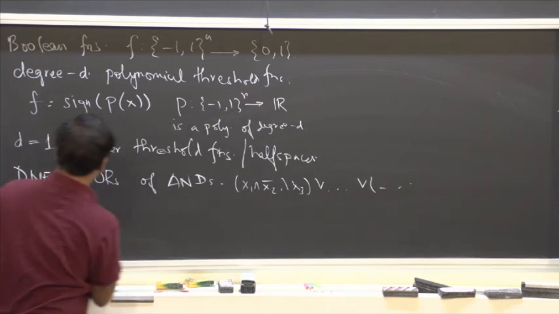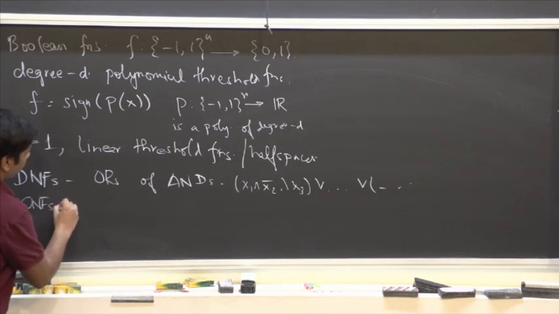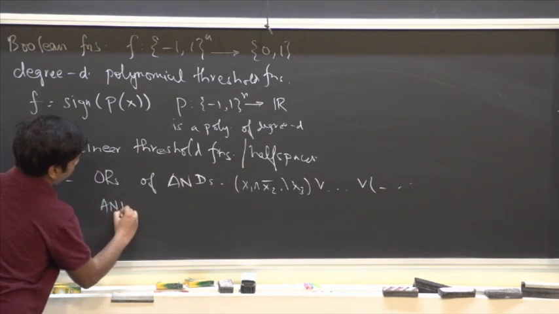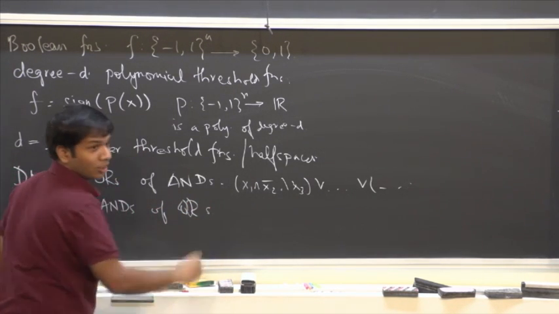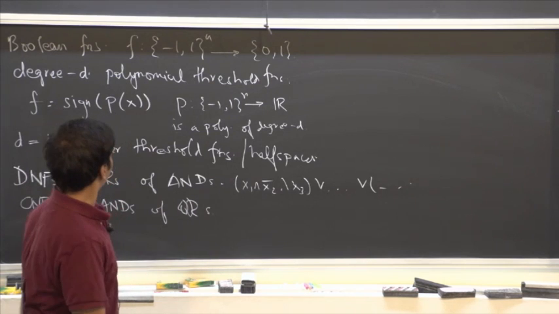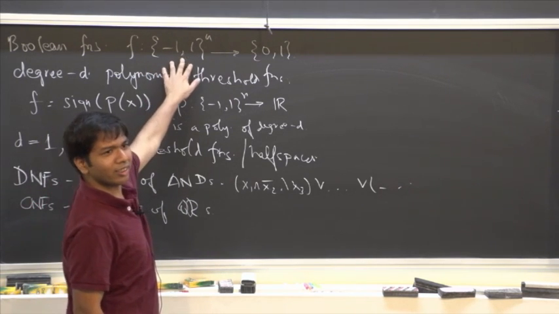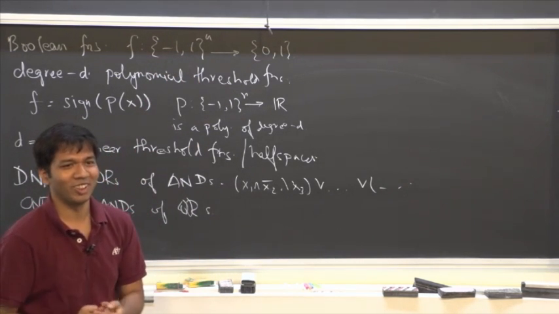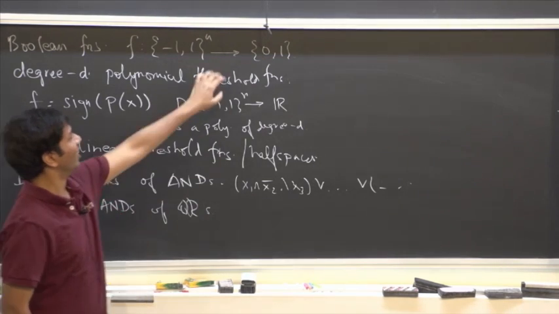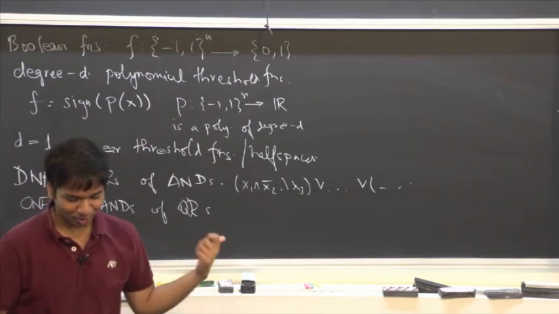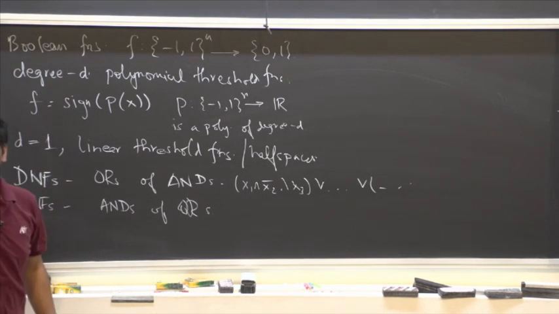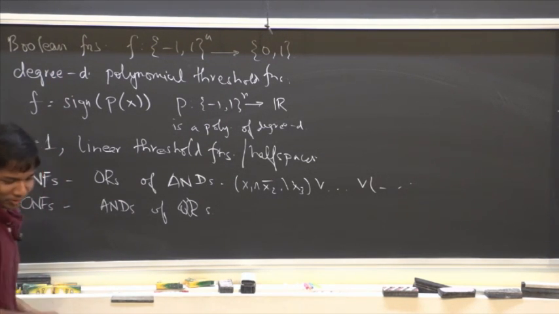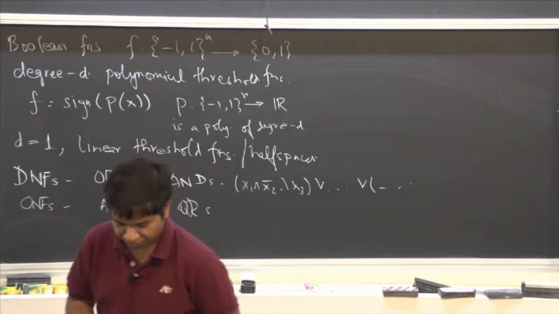And CNFs, which are ANDs of ORs. Sorry, in {-1, 1}^n here. It doesn't matter, I won't associate a semantics with it: 0 is false, 1 is true. I guess all of you are familiar with this class of functions. Nothing to do here, but okay, good.